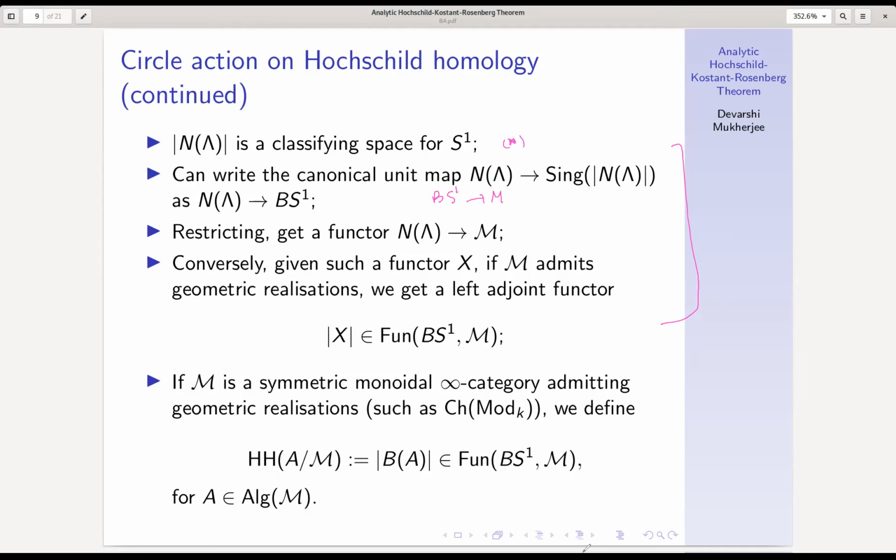Right, so just to repeat, what we're doing is we started with this chain complex, which was positively graded, so it's a simplicial module. But furthermore, if we talk about commutative things, then this is a simplicial commutative algebra. And what I've now done is I've shown that it comes from an S1 action canonically.